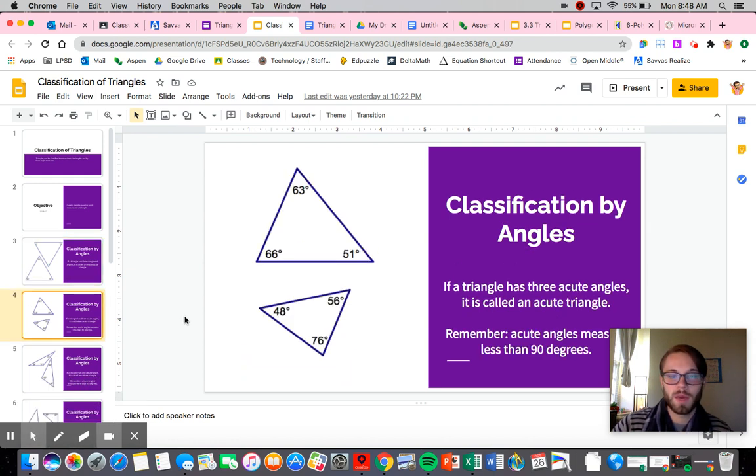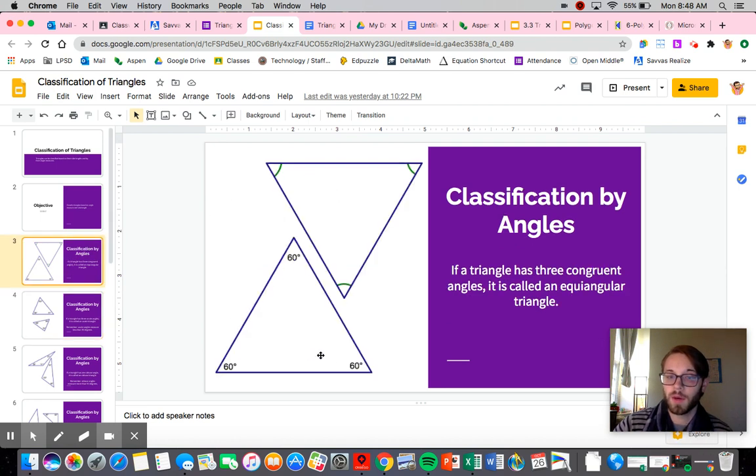Now, if there are three acute angles, it is called an acute triangle. Actually, if you think about it, these over here, where they were all 60, they're all acute angles, because acute just means that they're less than 90. So an equiangular triangle is also acute.